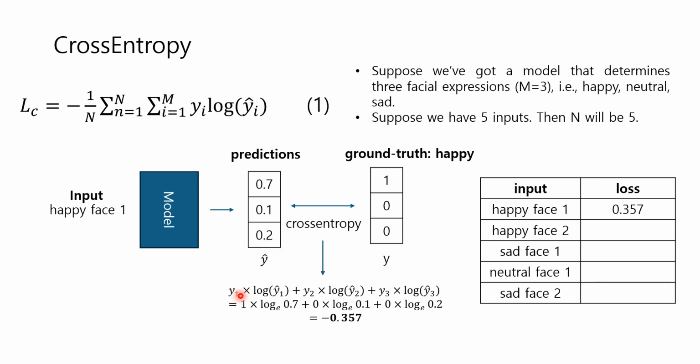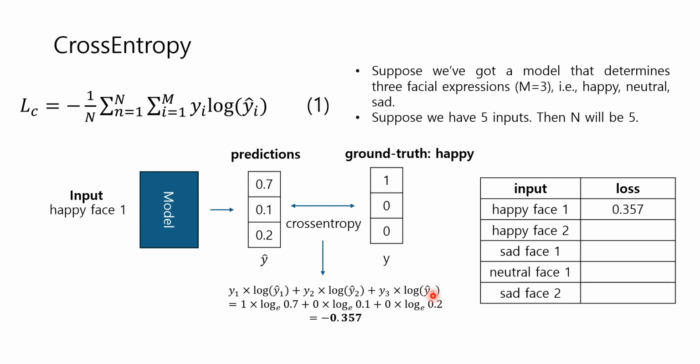So if we assign the values for each symbol, 1 times log to the base e of 0.7, where we assume this log function has base e, since the first element of the predicted vector is 0.7, plus 0 times log to the base e of 0.1, plus 0 times log to the base e of 0.2.